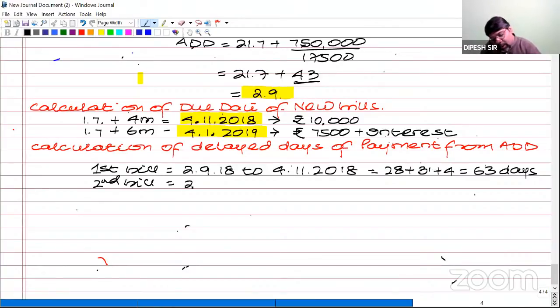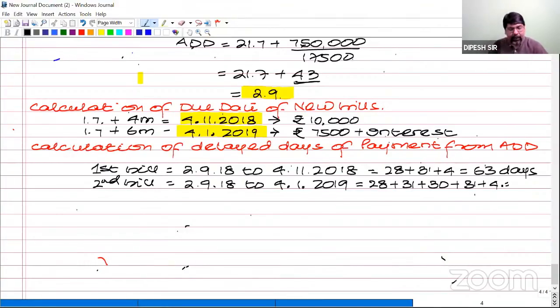Second bill. On 2/9/18 he was supposed to make the payment, but he will make the payment of remaining 7,500 on 4th of January 2019. Correct? Yes, no. So in the last line it is given the year 18-19 and you are supposed to take 365 days. Correct? So September's 28, October 31, November 30, December 31 plus January 4.